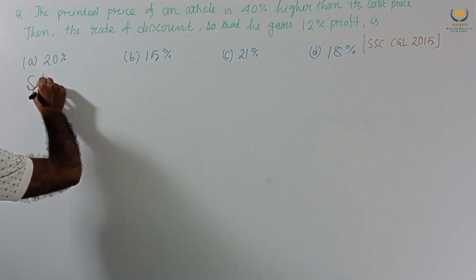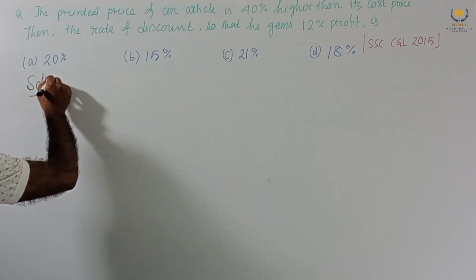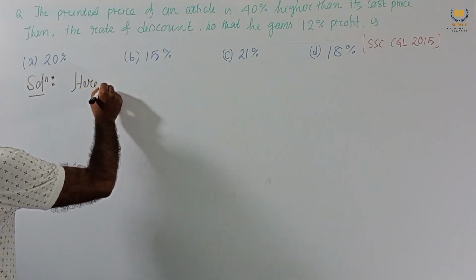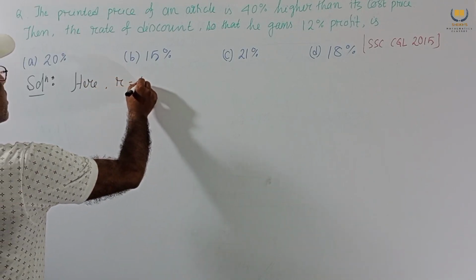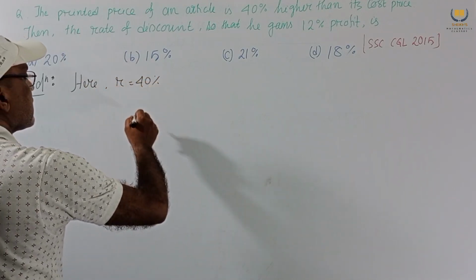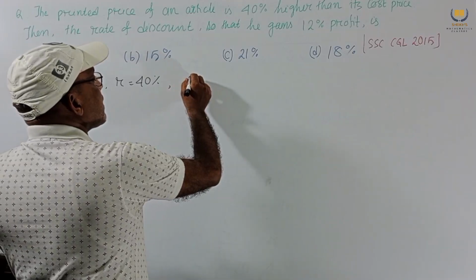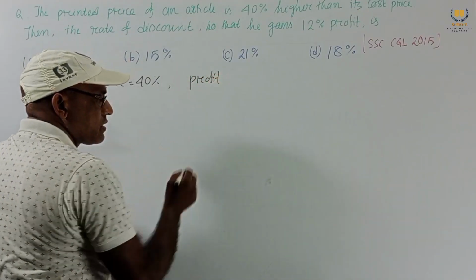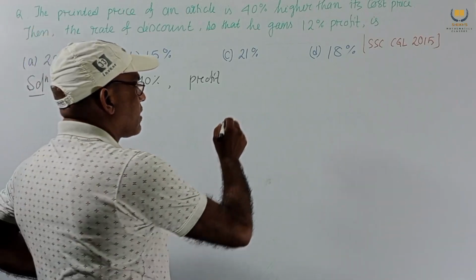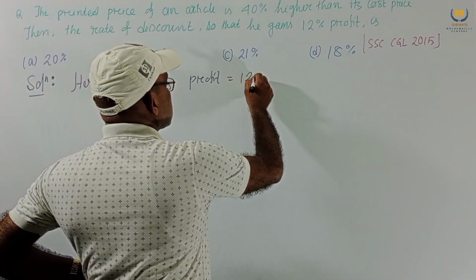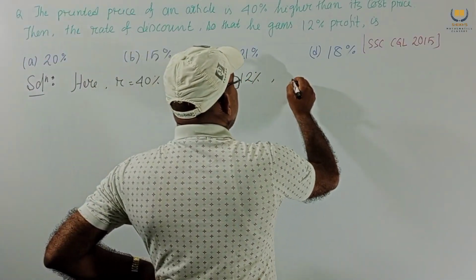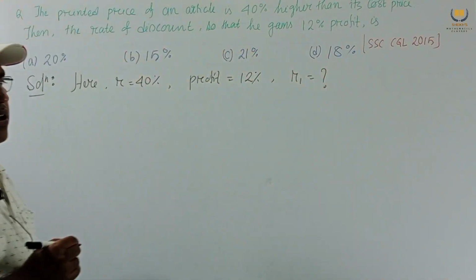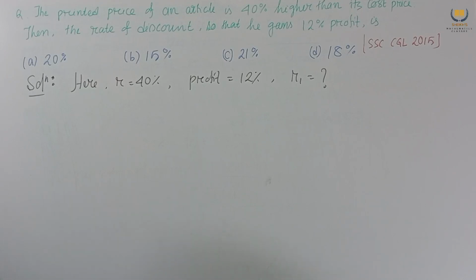We solve this problem by using technique number 5. Here R equal to 40% given, and profit equal to 12% given, and R1 equal to what? We have to find R1.